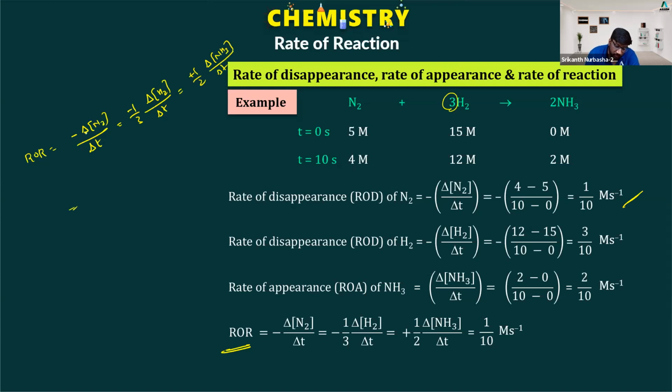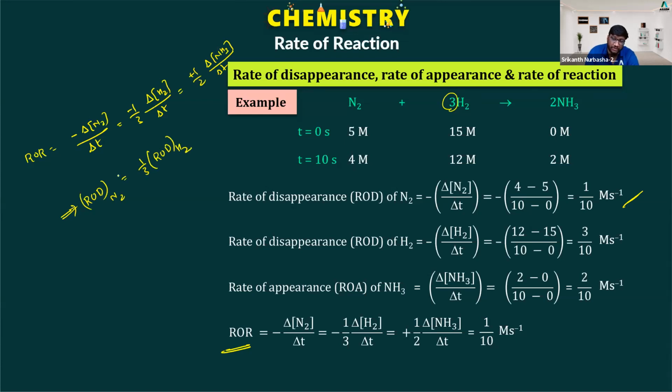From here, can I say minus delta concentration of N2 by delta t is rate of disappearance of N2. In the rate of disappearance of N2 itself, we have minus sign. Similarly, minus delta concentration of H2 by delta t is rate of disappearance of H2.